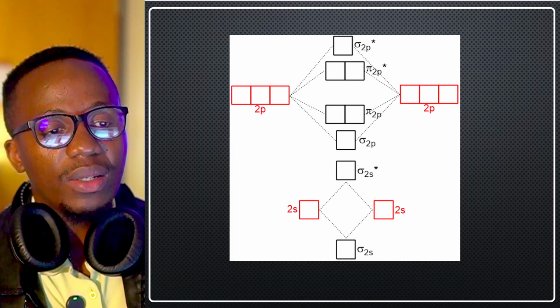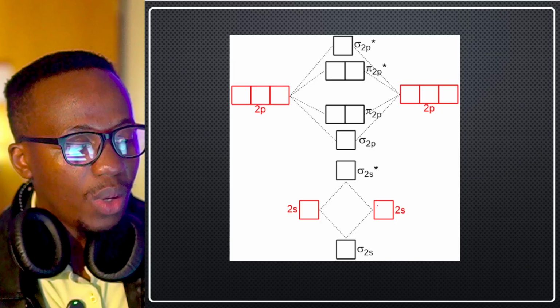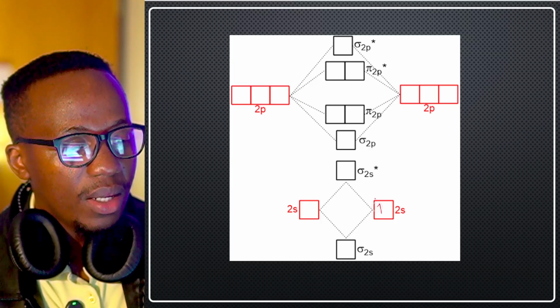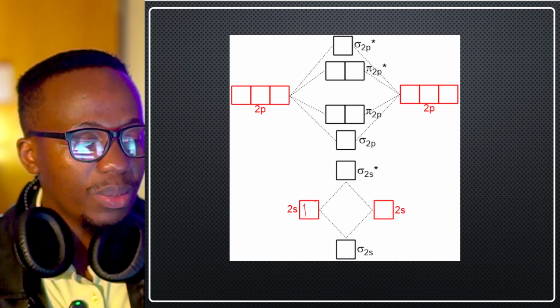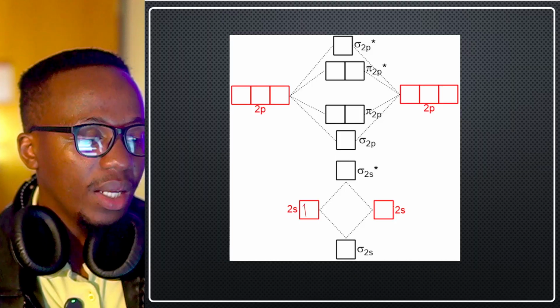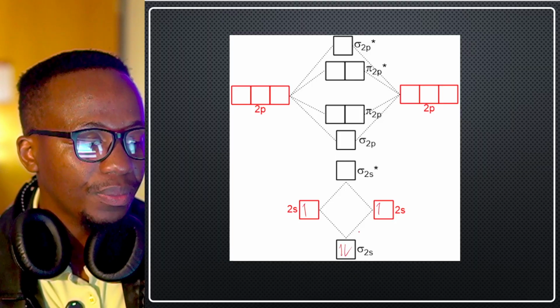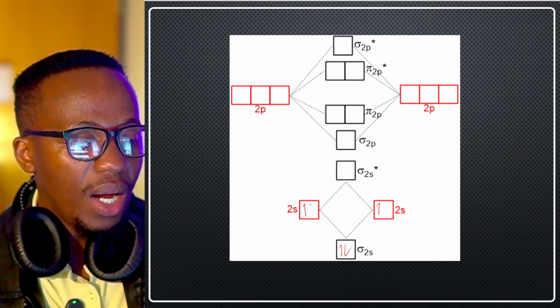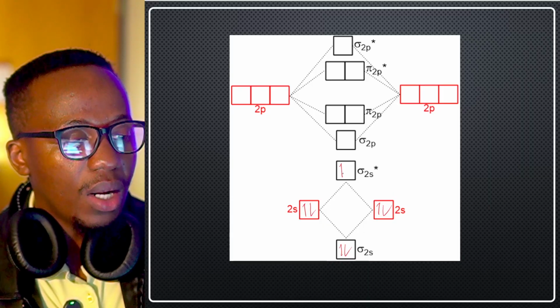If you have P, they get together, right? Still with me? So here, let's say one atom has one and the other has one. Guess what? They're going to combine and make two here. If they both have four, guess what? The next two are going to go here.